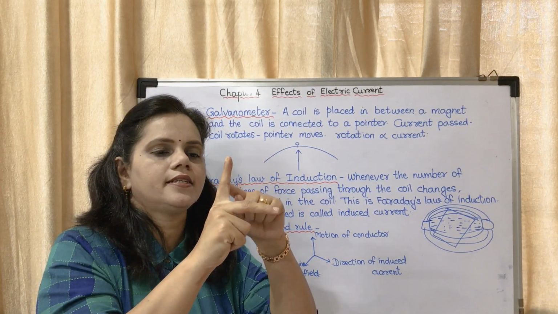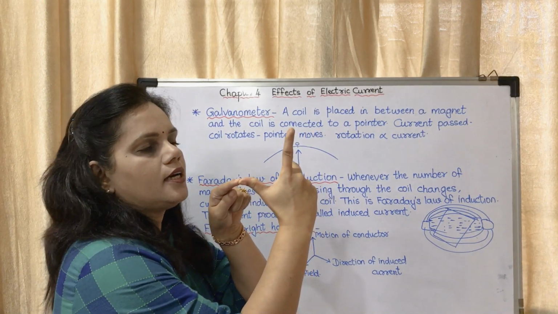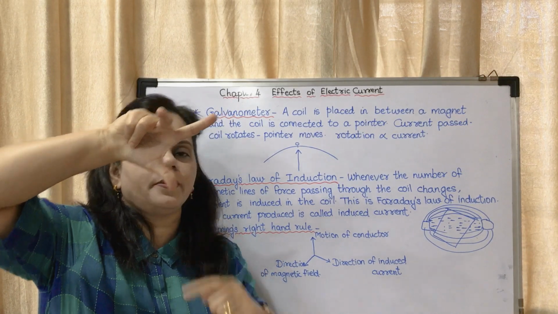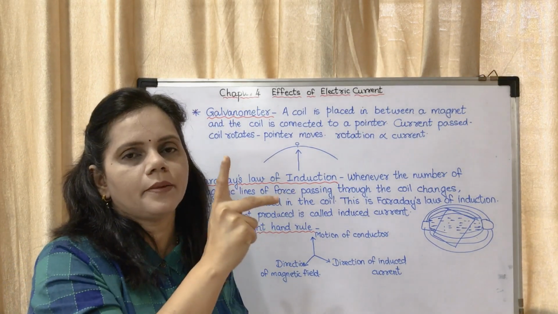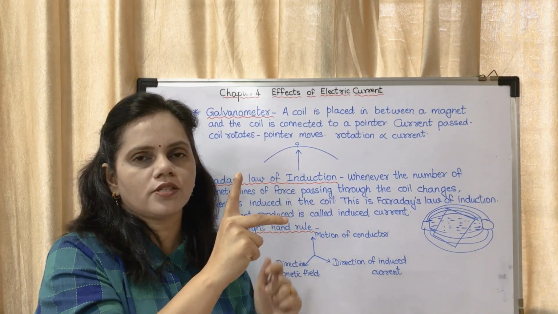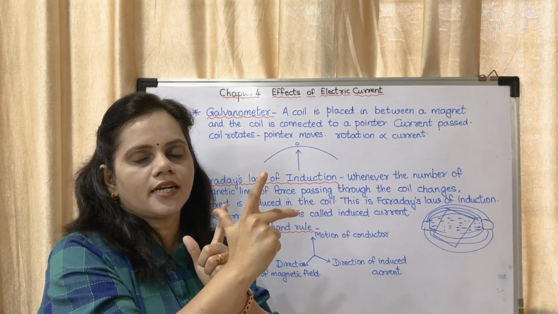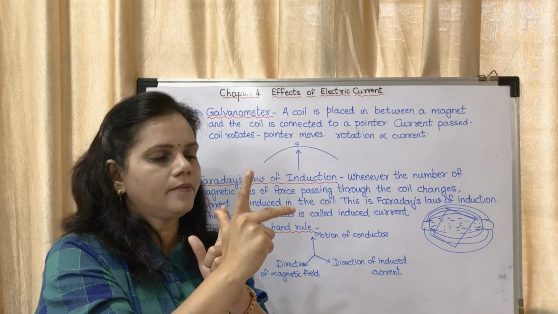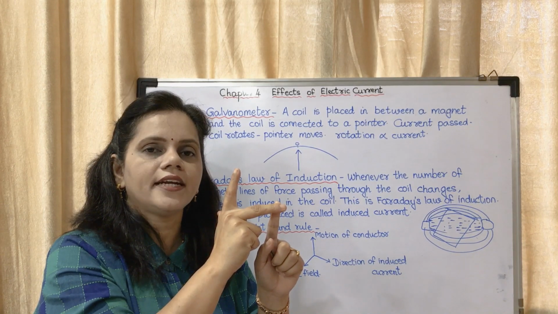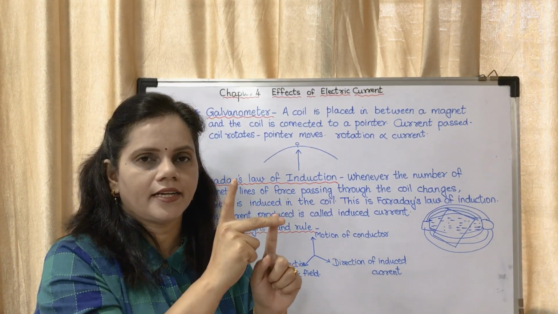You may see this is perpendicular, this is perpendicular, and this is perpendicular. All of them are perpendicular to each other. If the index finger shows the direction of magnetic field and the thumb shows the direction of motion of conductor, then the central finger will show the direction of induced current. That is Fleming's right hand rule.